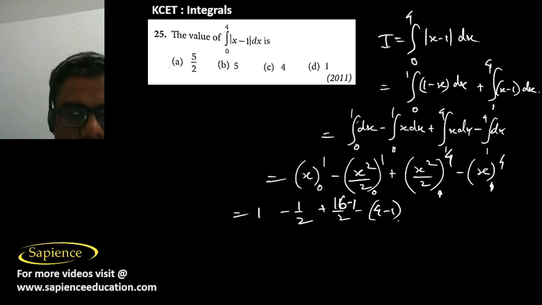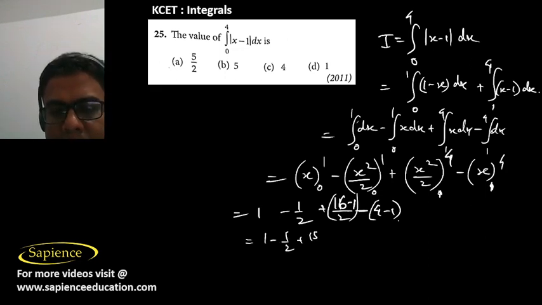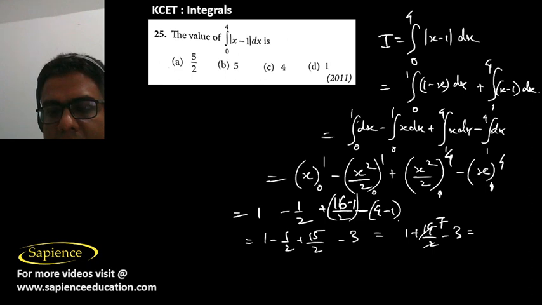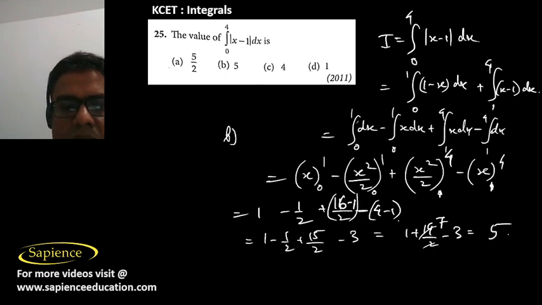So it will be 16 minus 1 minus this. So this will be 1 minus half plus 15 by 2 minus 3. So this is 1 plus 14 by 2 minus 3, which is 2 7s are 14. So 7 plus 1, 8 minus 3, which is 5. So option B is the correct answer.